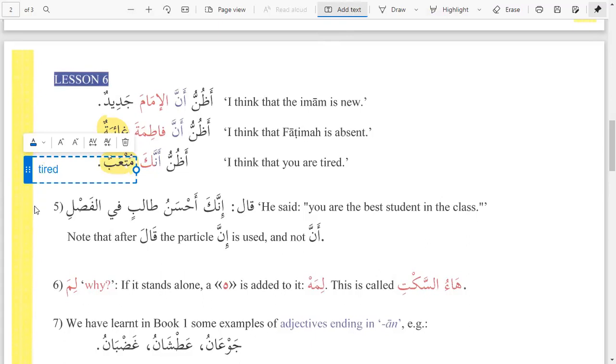So annaka, this ka is ismu anna, and it is mansoob here. I think that you are tired.